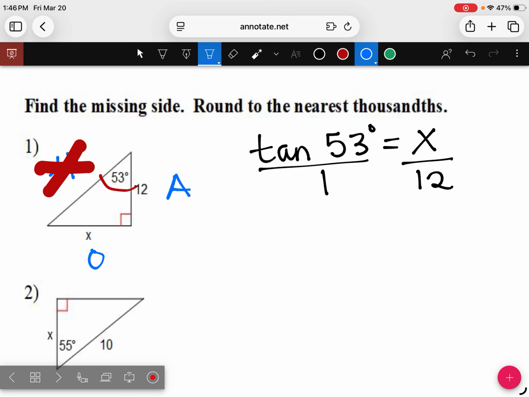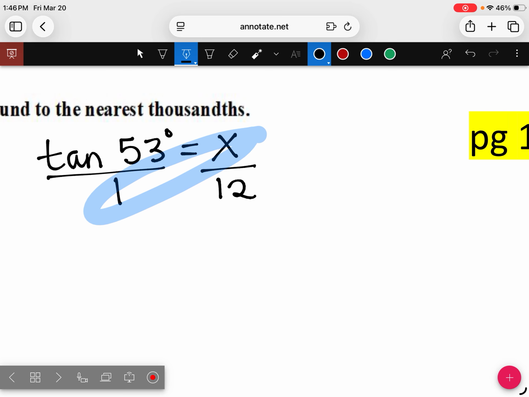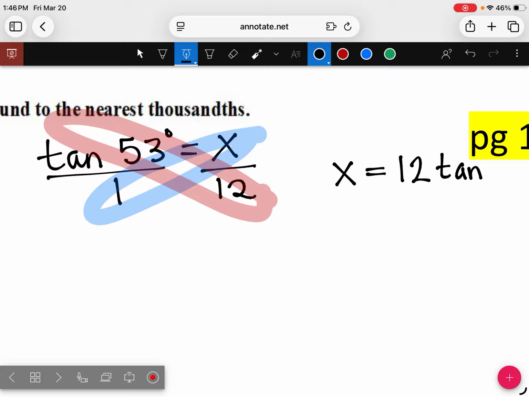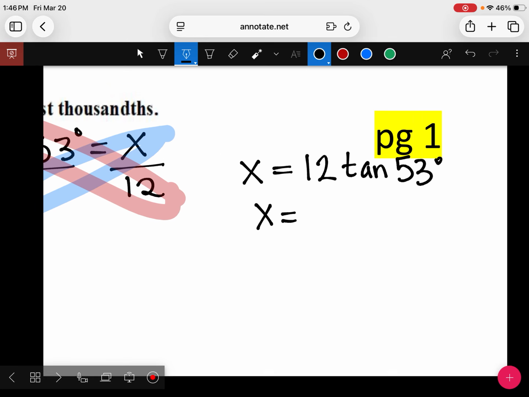So now we're just cross multiplying. So when I multiply this direction, 1 times x, that's just x. And that's going to equal, now let's multiply this direction, 12 times the tangent of 53. So pick up your calculators, type in 12 times the tangent of 53.